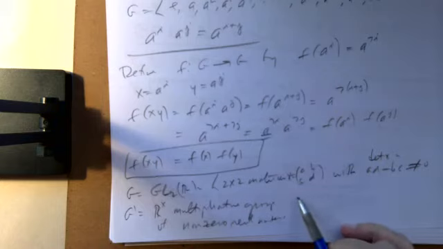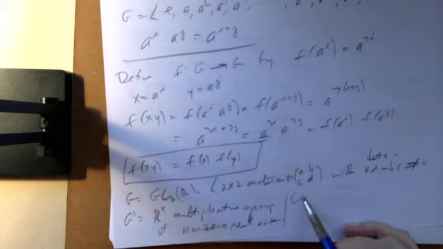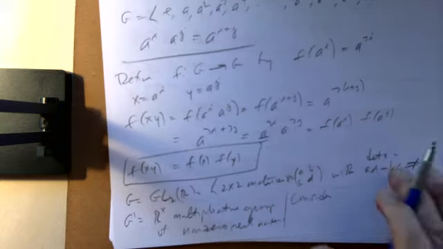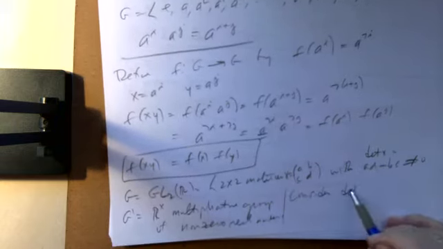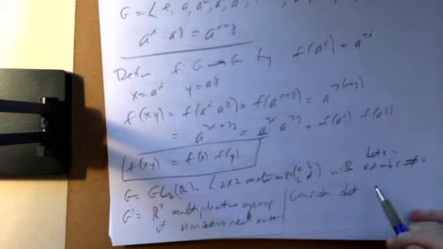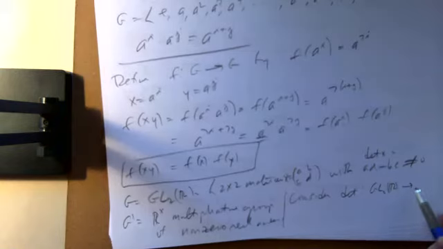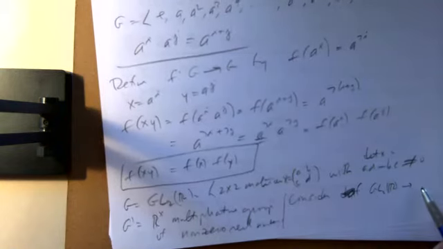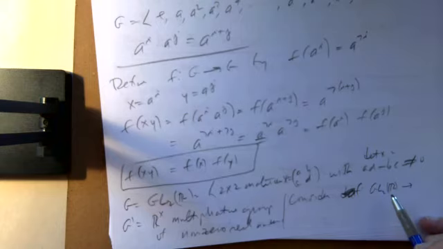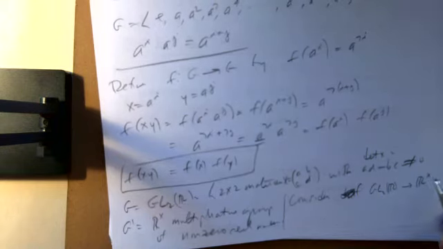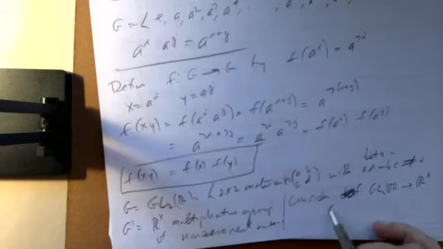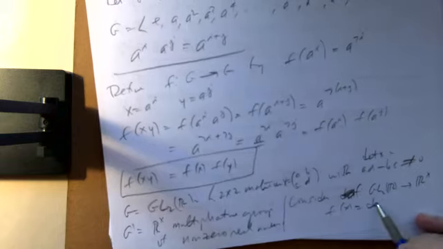So consider the function, the determinant, which sends every matrix in GL2R, let's call this F, to a non-zero real number, where F of X is the determinant of X.